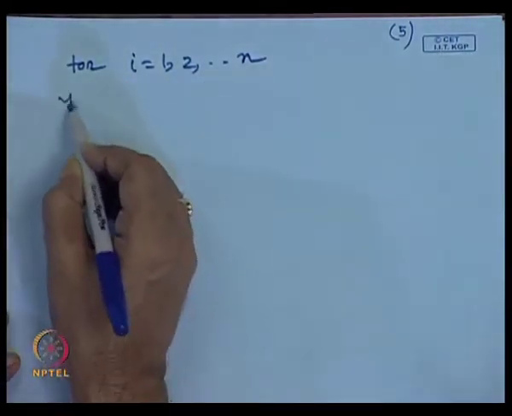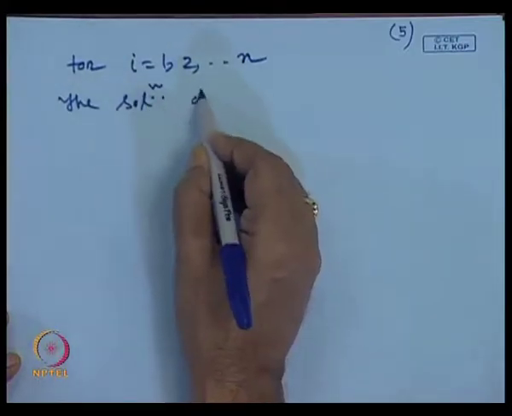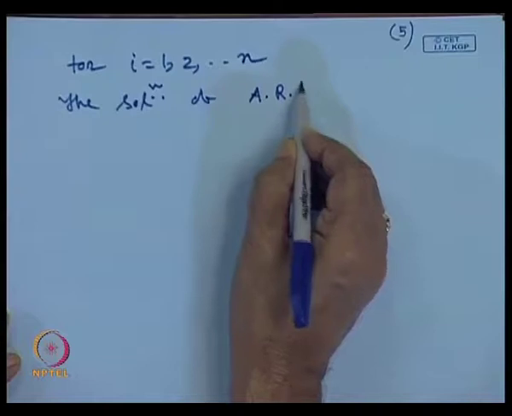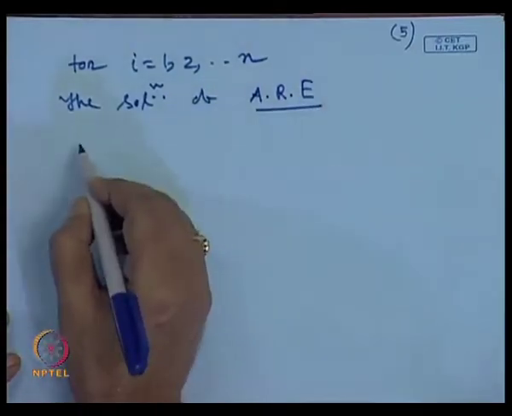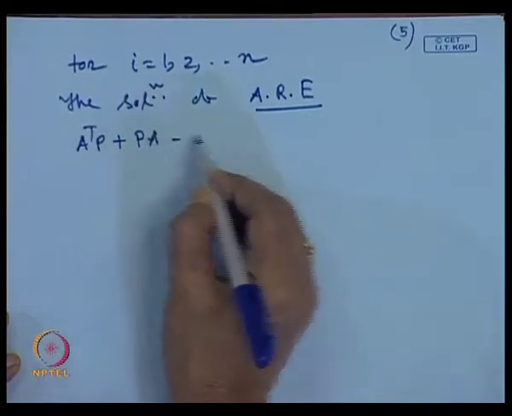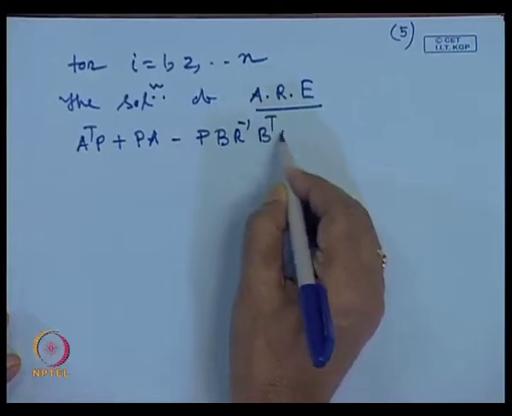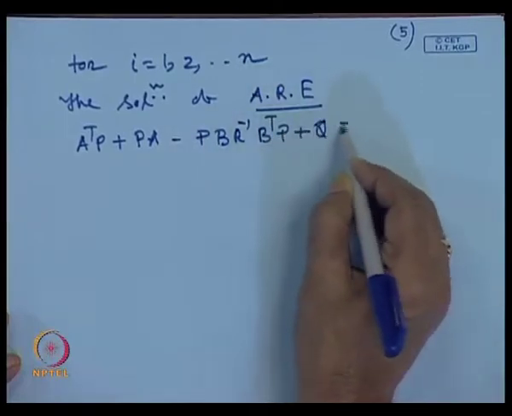The proof we will give later. The solution of the algebraic Riccati equation, that means A transpose P A minus P B R inverse B transpose P plus Q is equal to 0.